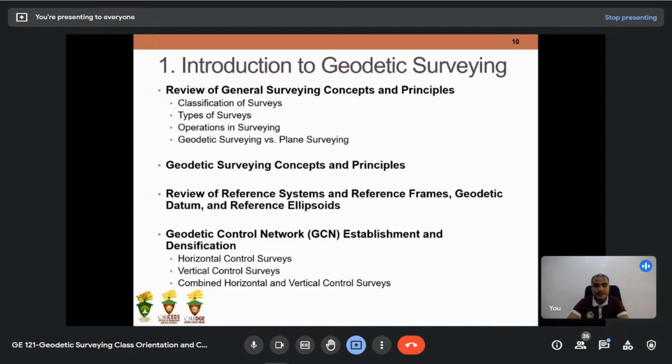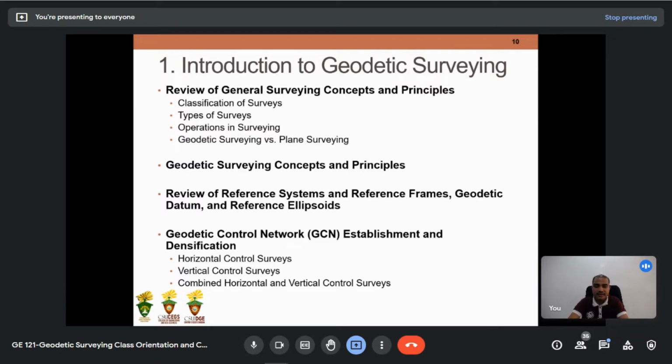So the first part is the review of general surveying concepts and principles. So we will go back to your surveying concepts, which include the classification of surveys, the types of surveys, operations in surveying, and more on the concept of geodetic surveying and plane surveying.